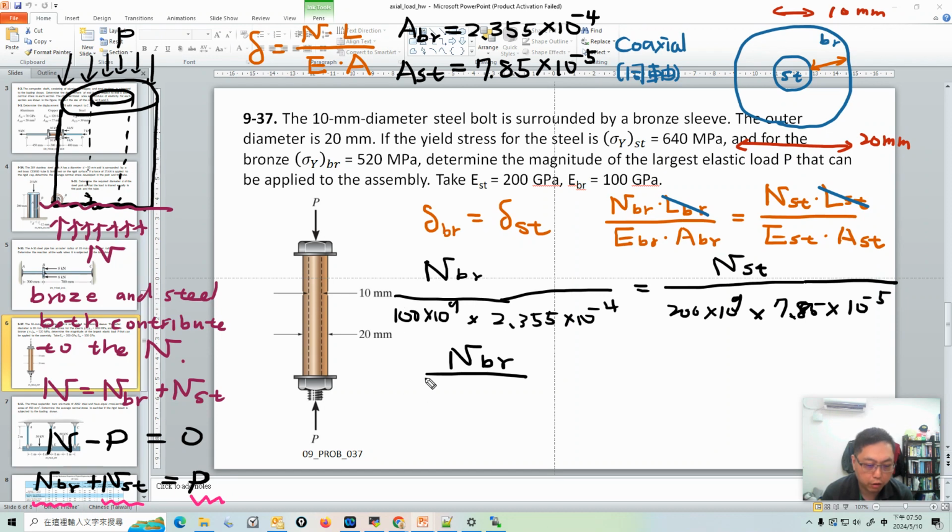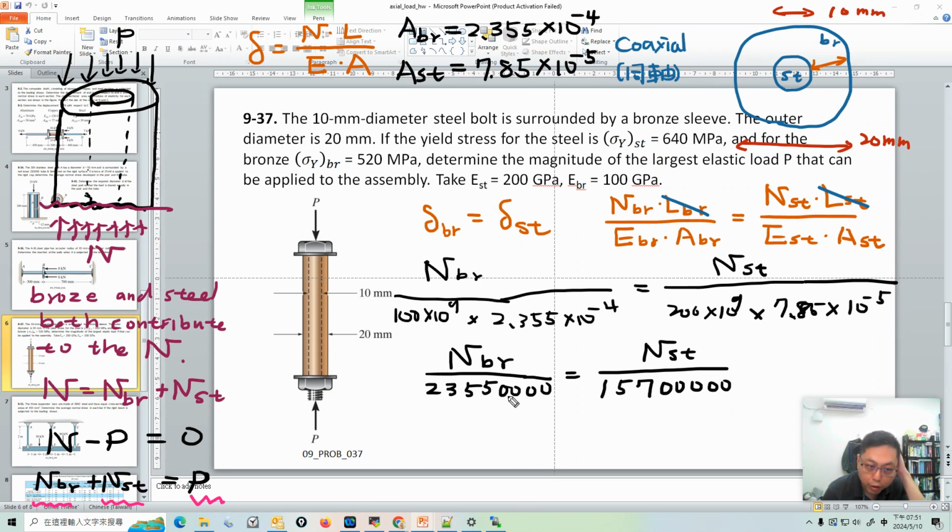If you use the calculator, we have this, 2355000, and this is N_ST. So what's the value here? It's 1570000. Let me check my notes. What would this tell you?